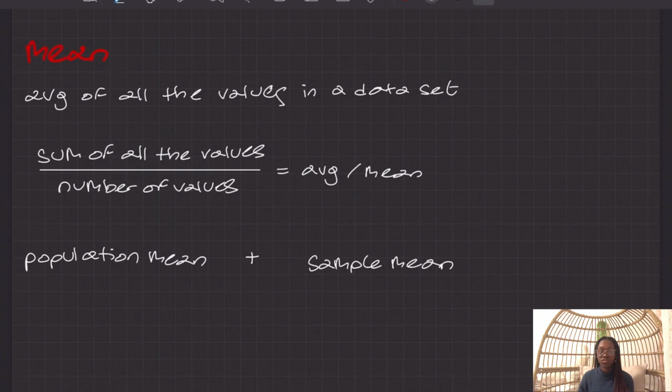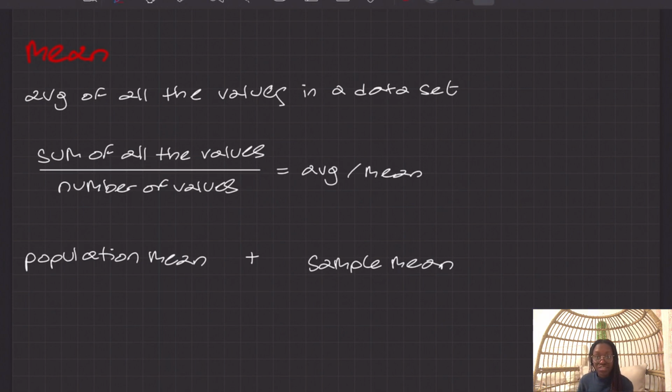We can be solving for the statistics of a population, or we could be solving for the statistics of a sample. Remember that the correct term used to describe statistics when referring to a population is parameter, while when referring to a sample, the correct term is actually statistics. So we make this distinction with the mean as well, because we could be solving for the average of an entire population or just the average of a sample of that population.